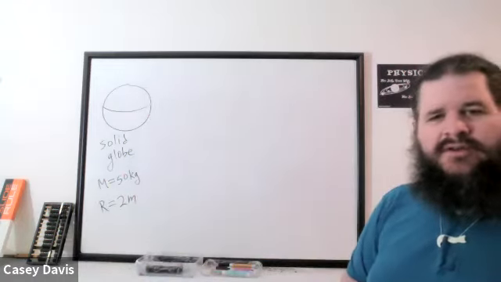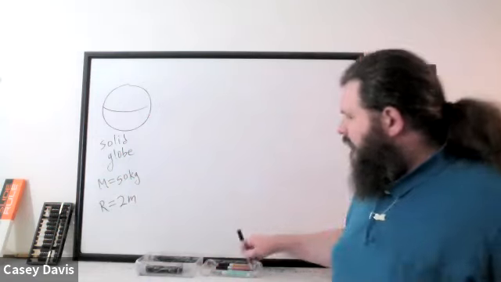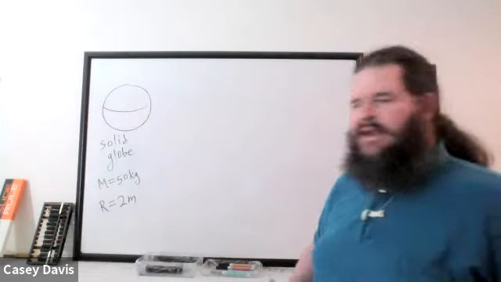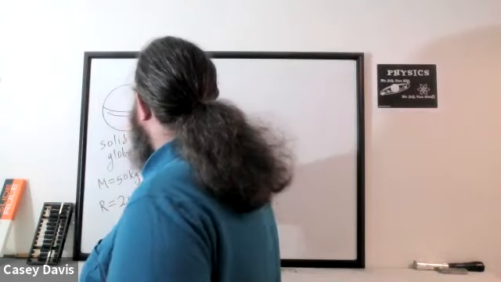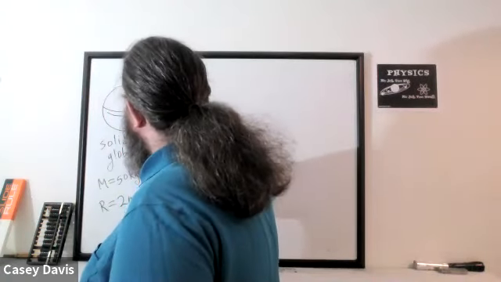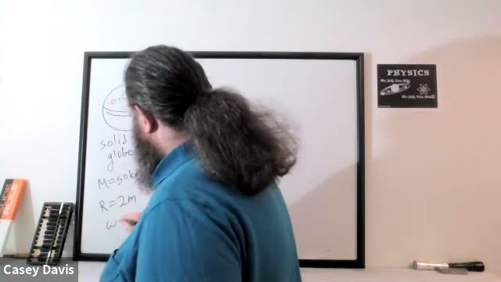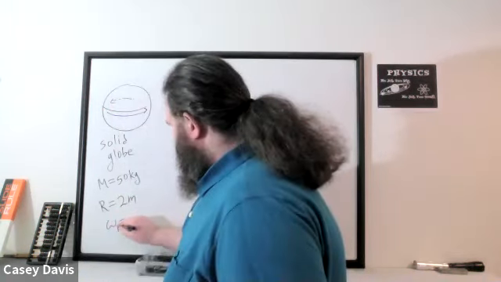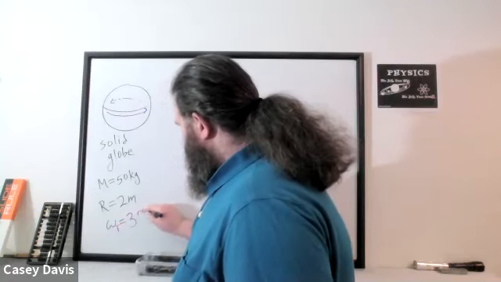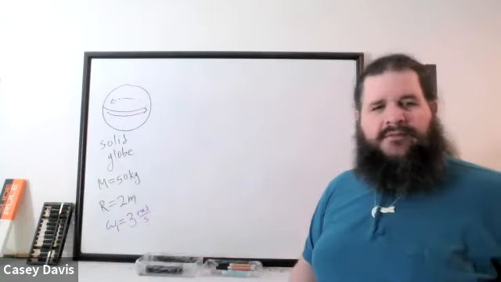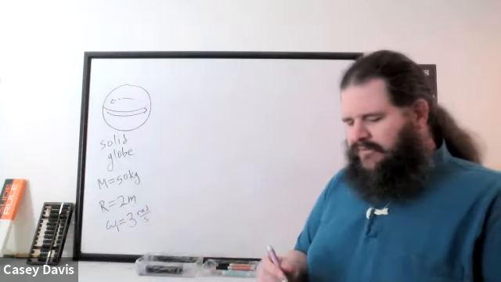And let's say it's currently spinning at an angular speed of, let's say, 3 radians per second. So spinning at 3 radians per second around a vertical axis.